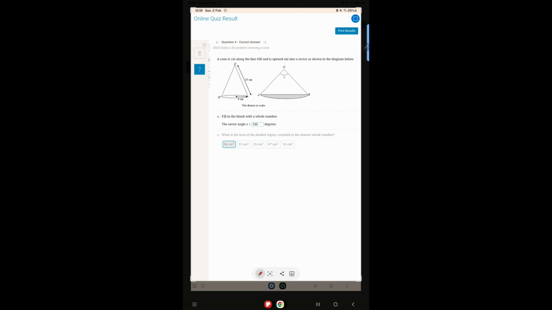Okay, now what you want to find is the area of triangle OAB. I'm not sure if we took this formula before, but the formula to find it in this scenario would be half side times side times sine of the angle. In this scenario, you have half, your side is 10, your side is 10 here.